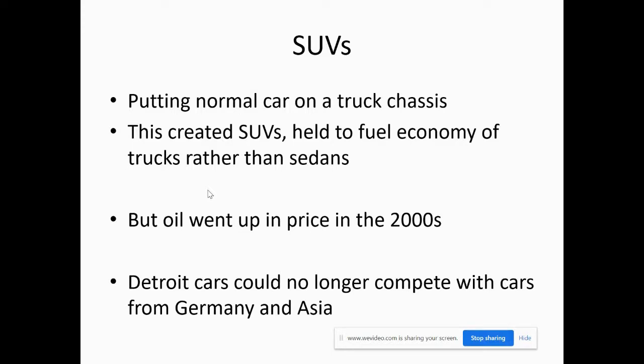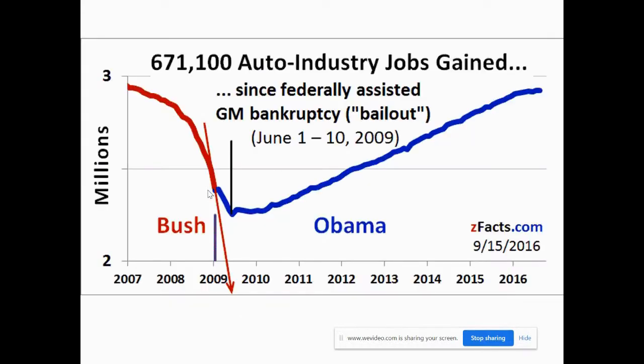The problem with this is in the late 2000s, so the last recession, gas skyrocketed in price. It reached $100 per barrel. We're a lot lower than that right now.